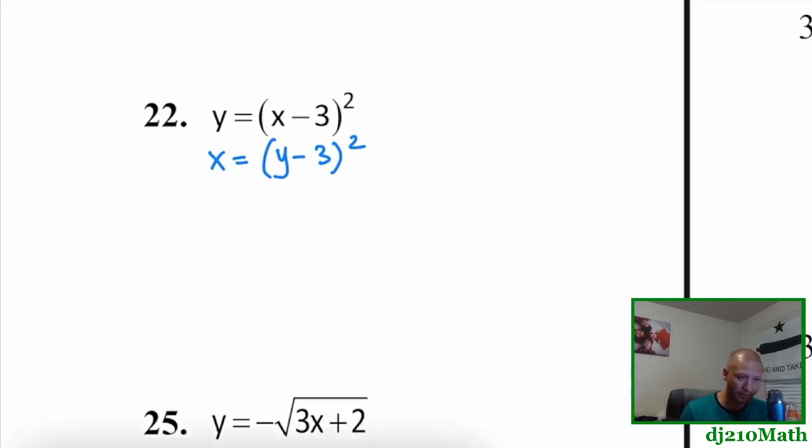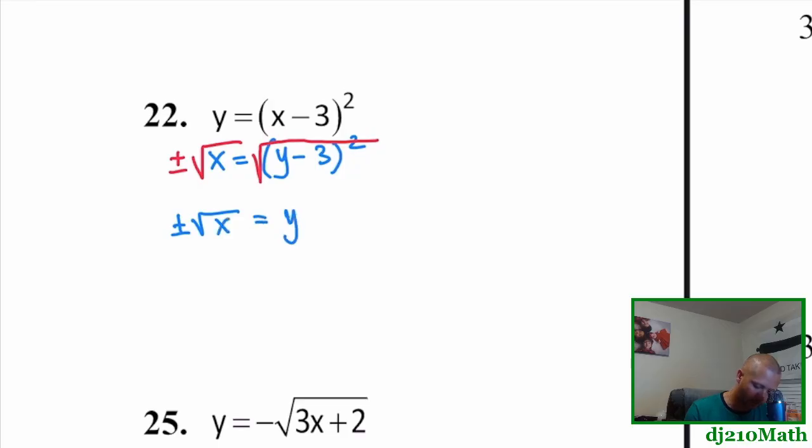There's a square, so I undo the square by taking the square root of both sides. So I have plus or minus the square root of x, equals y minus 3, right? Because when the square and the square root touch, it disappears. It's unlocked. y minus 3 is now available for me to start manipulating.